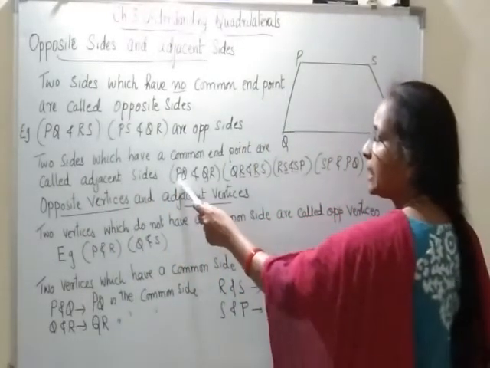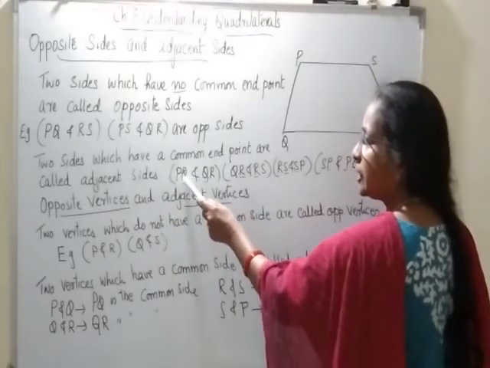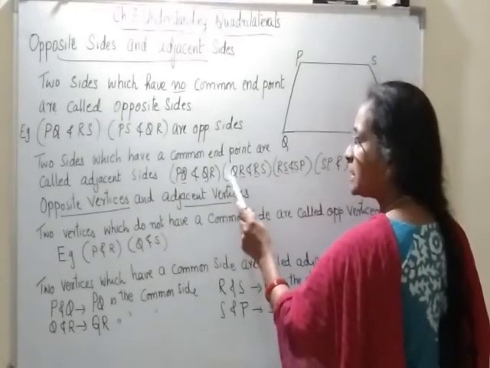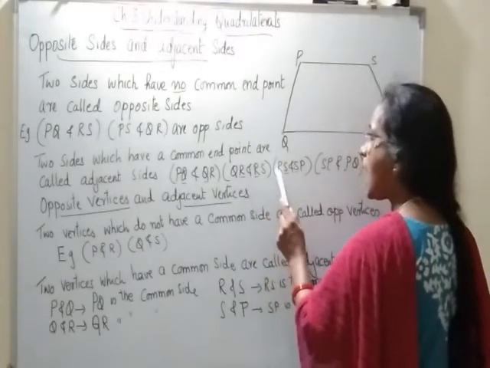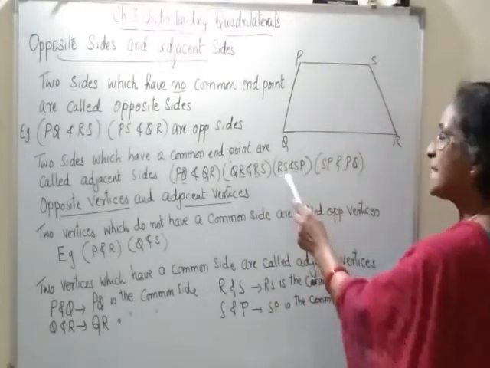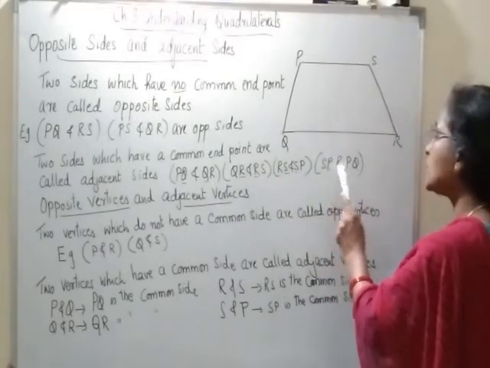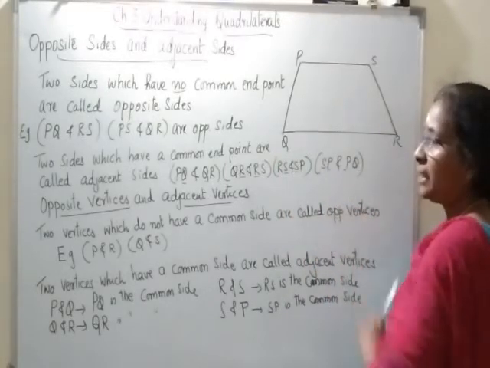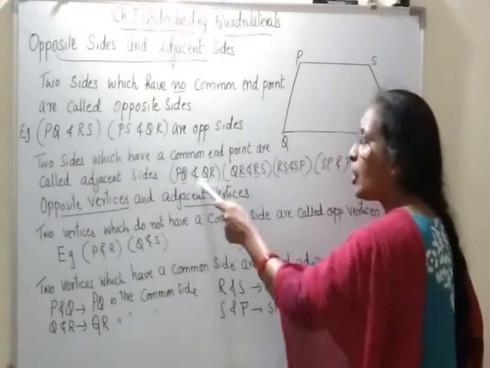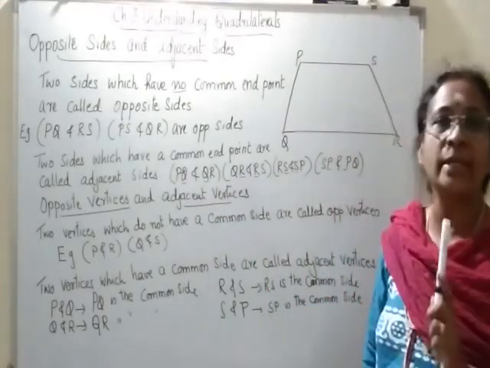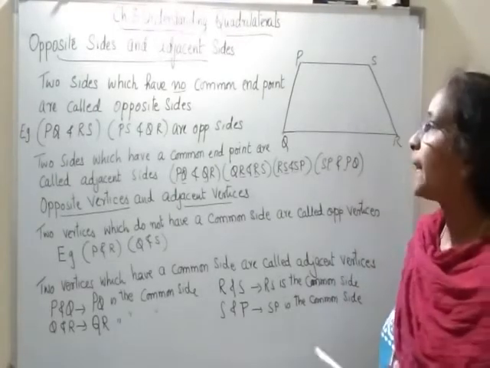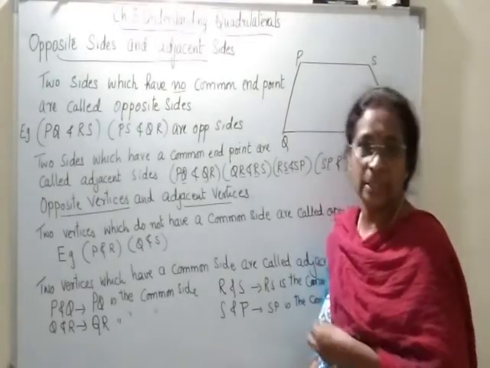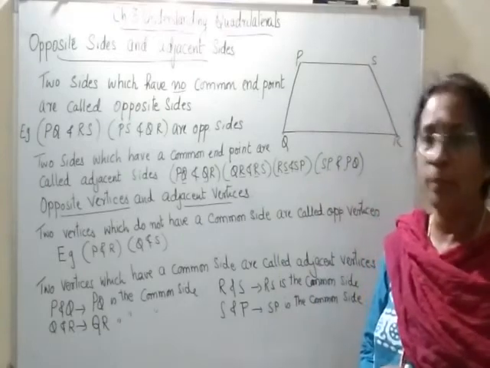You see here PQ and QR, Q is common. Similarly, here QR and RS, R is common. RS and SP, S is common. And here SP and PQ, P is common. So, these are all pairs of adjacent sides.